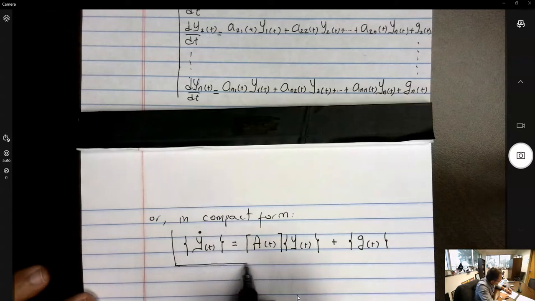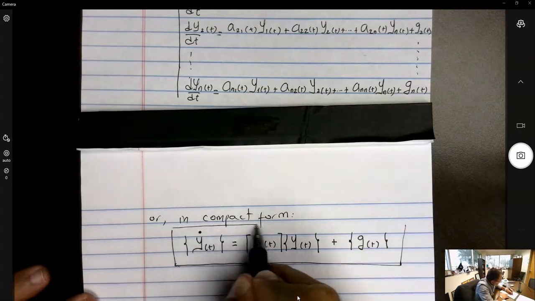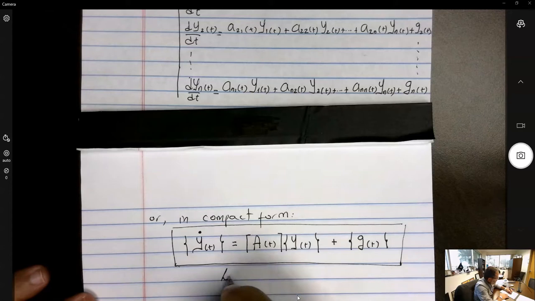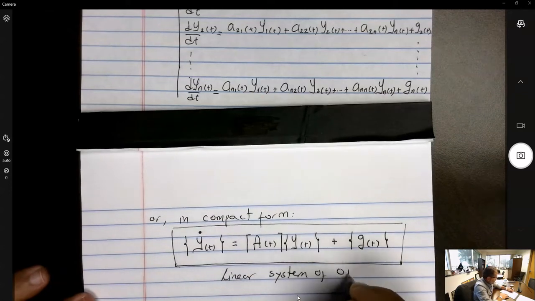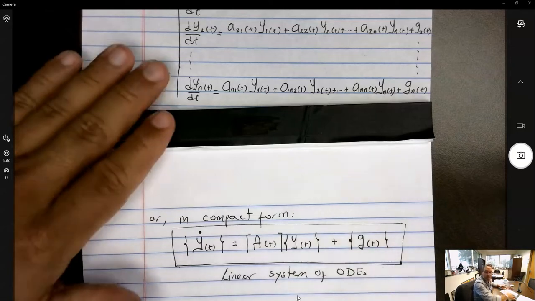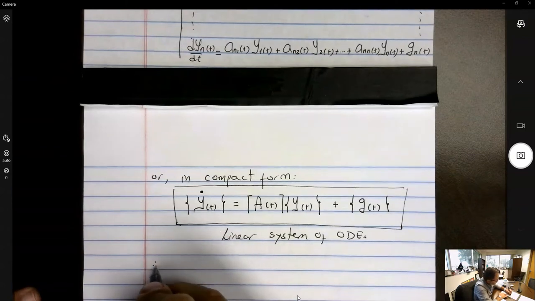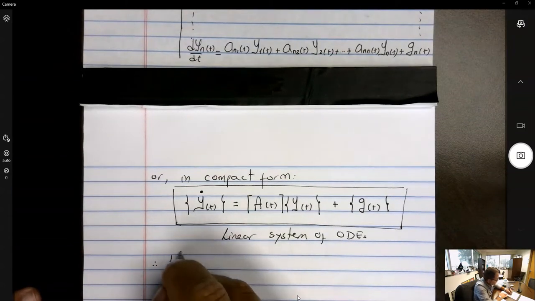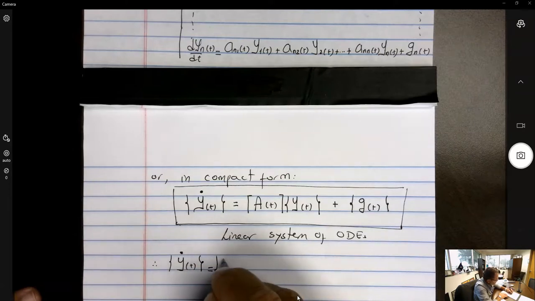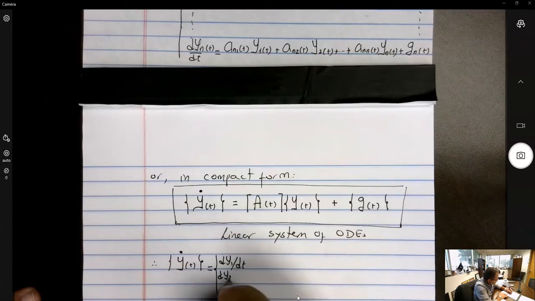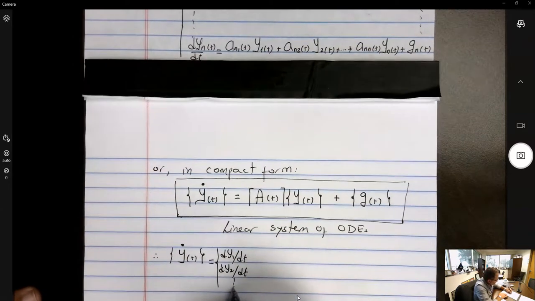This is the state representation of the system of equations. This is a linear system of ODEs, in particular first order ODEs. So this vector y dot of t contains the elements dy1 dt, dy2 dt, all the way to dyn dt.